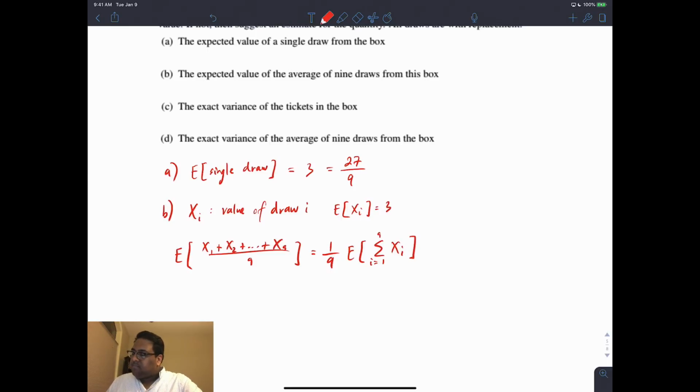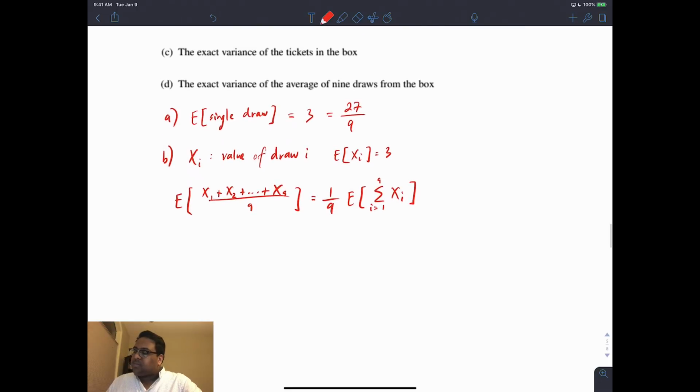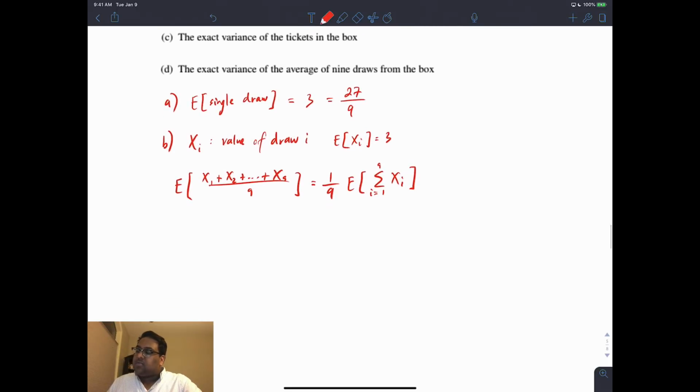And we know by the linearity of expectation, we could rewrite an expectation of a sum as a sum of expectations. So I can say this is 1/9 of the sum of the expectations of xi.